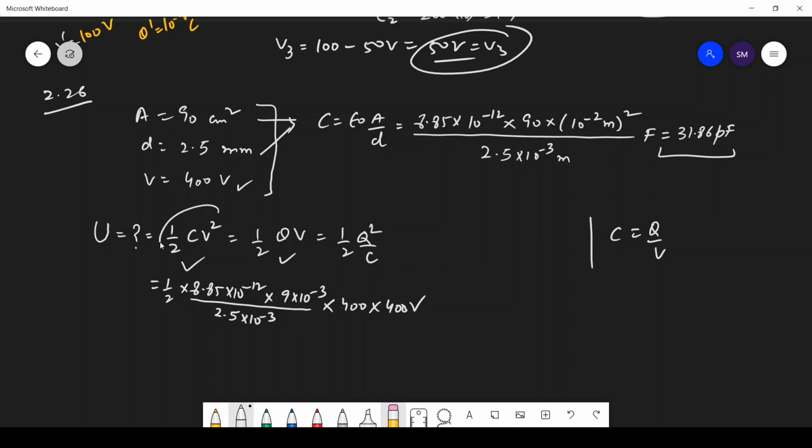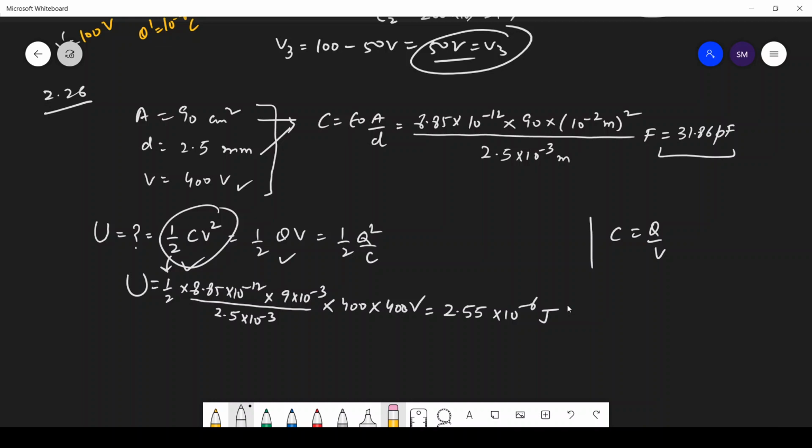So this is the formula that I have used for potential energy stored in the capacitor, and this comes out to be, when you solve it, 2.55 into 10 to the minus 6 joules. So that is the electrostatic energy that can be stored by this capacitor.